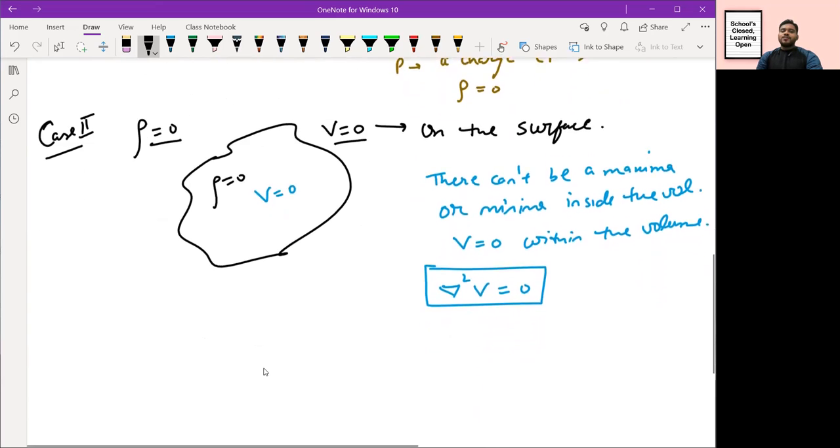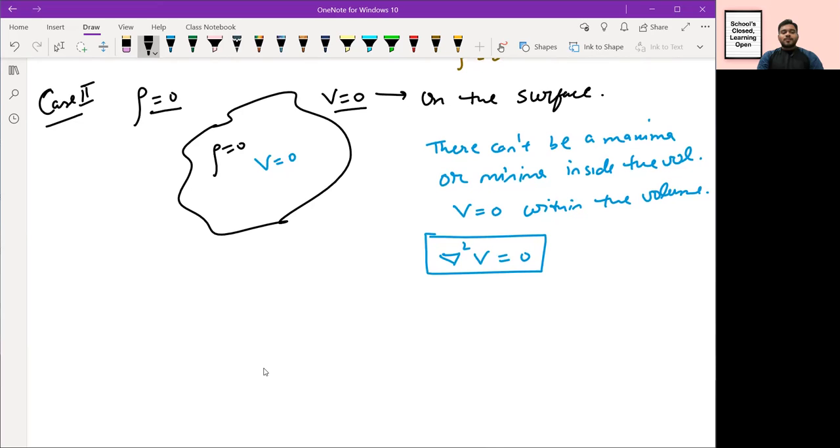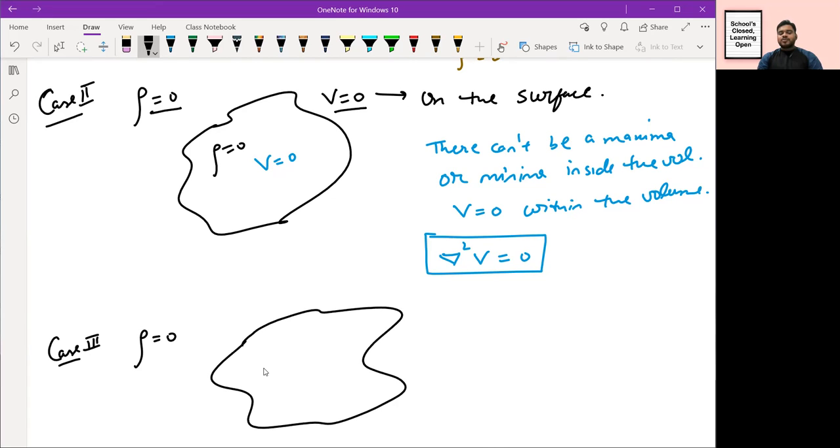In case 3, we are going to change one thing. We are still taking a charge-free cavity, any cavity, closed surface. But the potential at the surface is a function of R. That means it is variable in space.